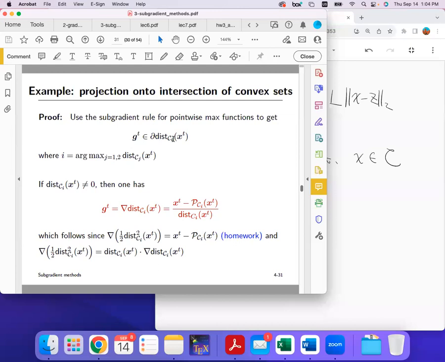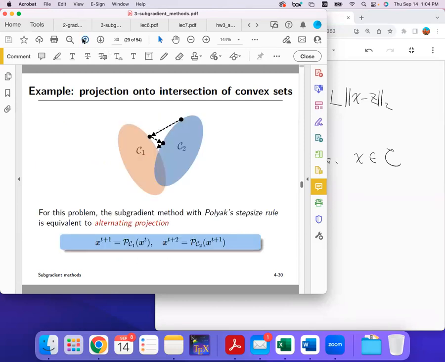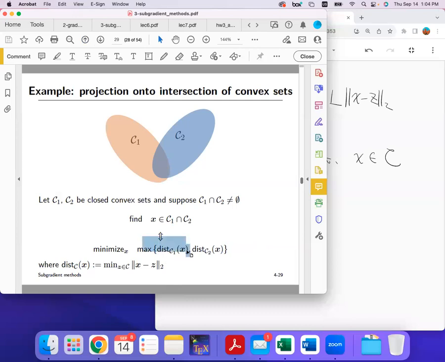Let's dive into this a little bit more. What does it mean to be an activated distance function? It means that at this point x_t, you compare these two distances, and the one that has the larger distance is the activated one, because this function is defined as the maximum between the two. So at one point x_t, you compare these two distances.